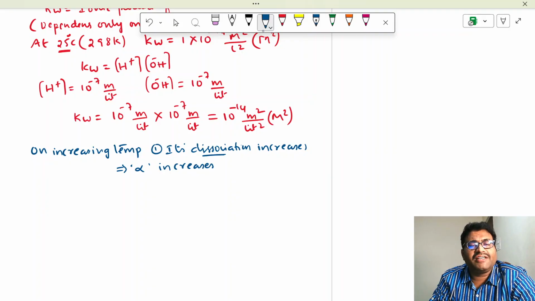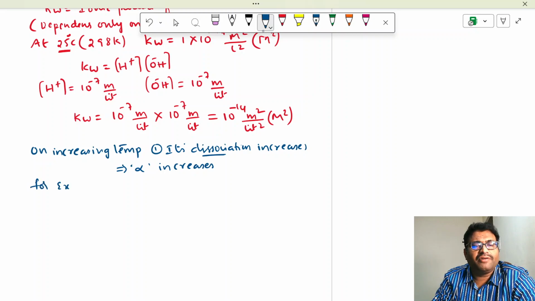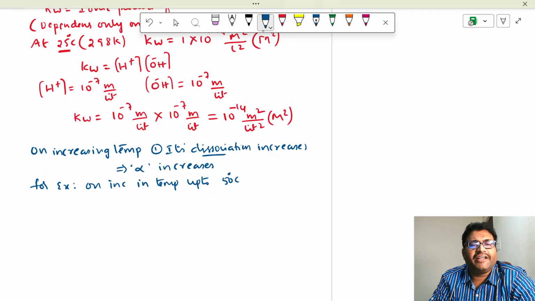For example, on increasing temperature up to 50 degrees centigrade, let me take its H plus ion concentration as 10 power minus 6 moles per liter.